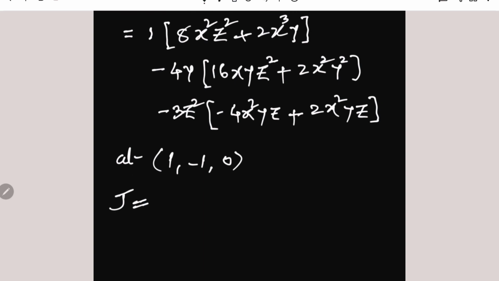As z is 0, this term becomes 0. Therefore, we have 1 into 2 into x cube. x is 1, 1 cube is 1, and y is minus 1.